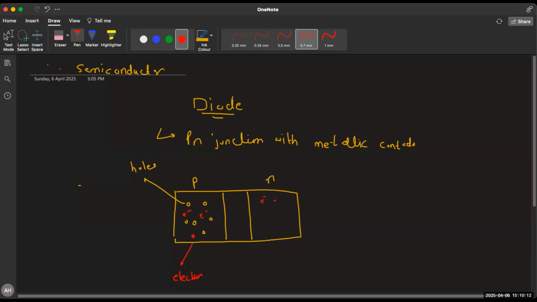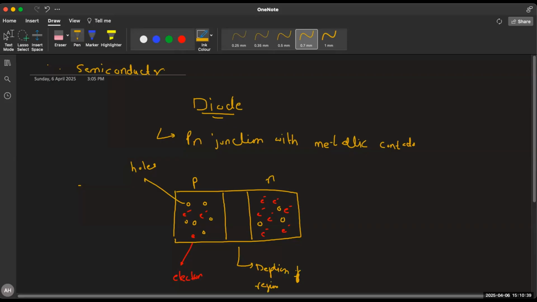In N type, you have electrons in majority, and few holes in minority. And this is the depletion region. This region is depleted of charge carriers. This is known as the depletion region.